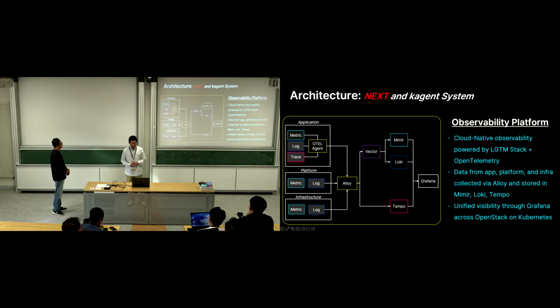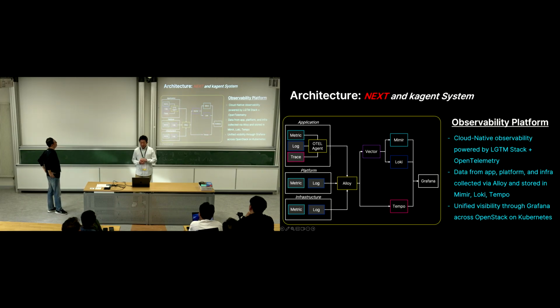The Next observability system is built with a cloud-native LGTM stack combined with OpenTelemetry. Data sources are categorized into application, platform, and infrastructure, and each layer's data is collected through the LOE cluster, stored in Mimir, Loki, and Tempo, and visualized in a unified data source via Grafana.